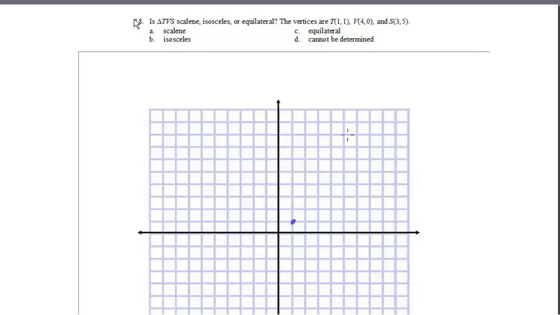And I've got the point (4, 0): 1, 2, 3, 4, 0. And I've got the point (3, 5): 1, 2, 3, and 1, 2, 3, 4, 5.